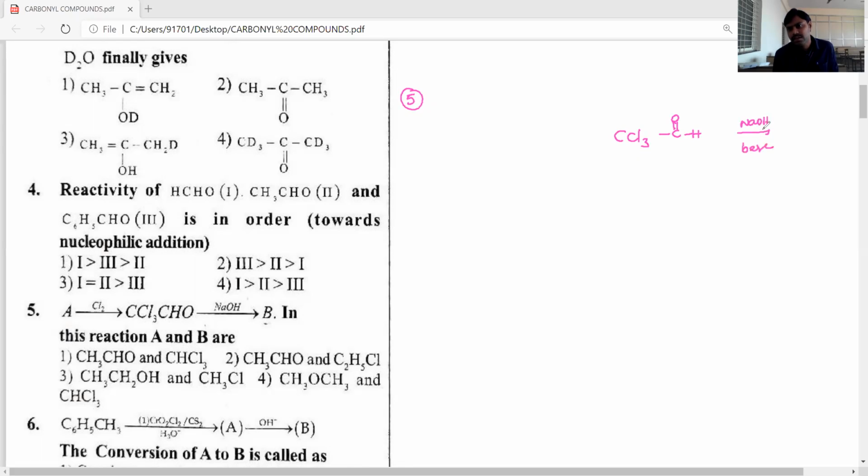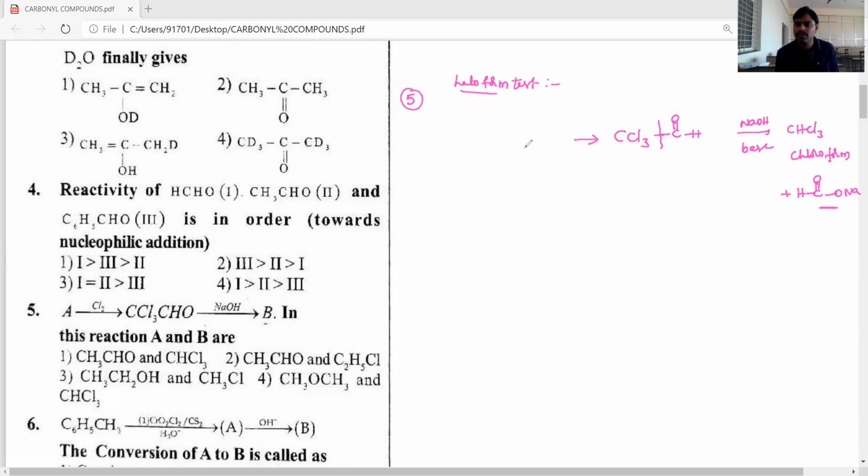The product is CHCl3, chloroform, plus HC double bond O Na, the sodium salt of carboxylic acid. It is nothing but the chloroform reaction, or haloform test.